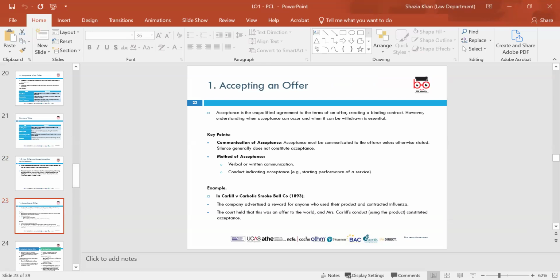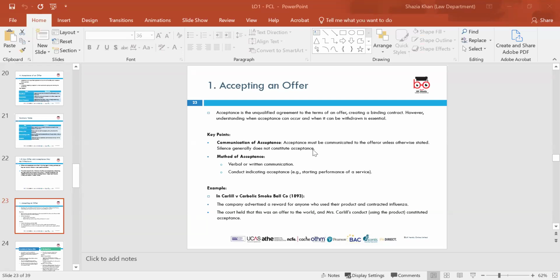Accepting an offer. The acceptance is unqualified agreement to the terms of a contract, creating a binding contract.